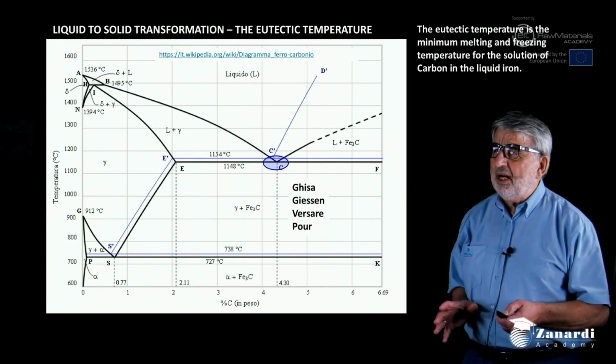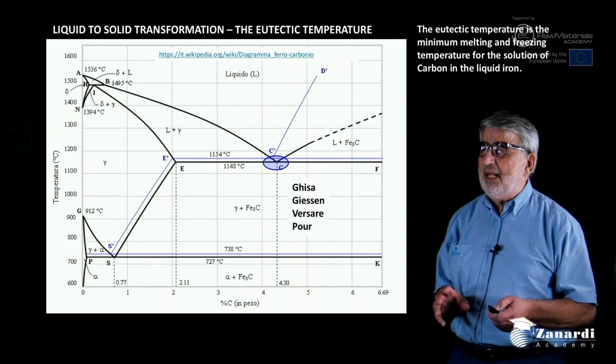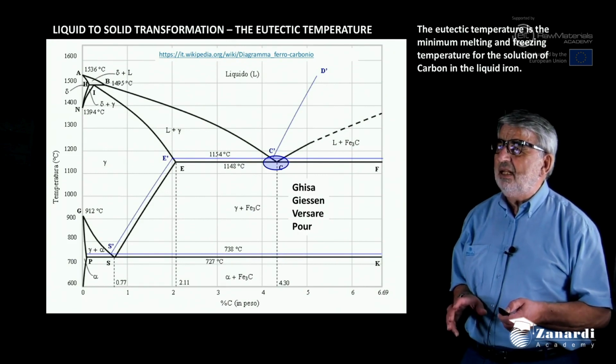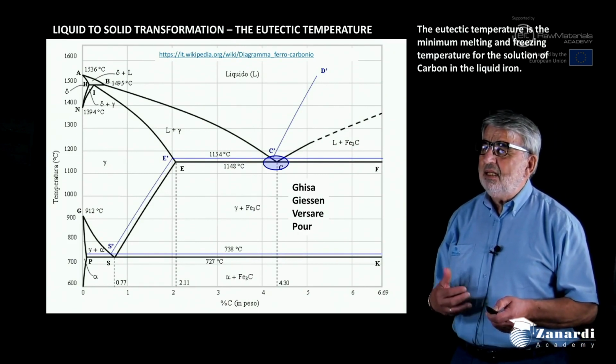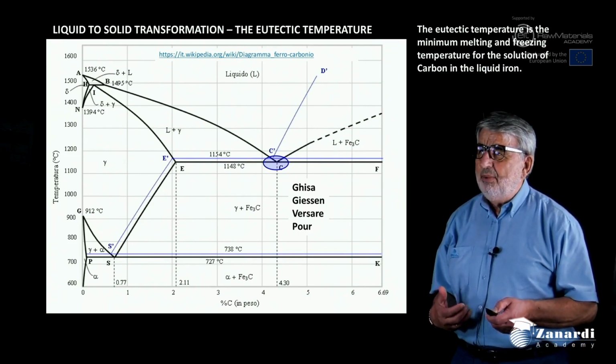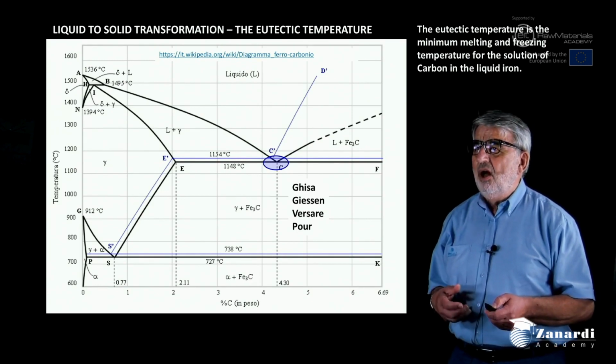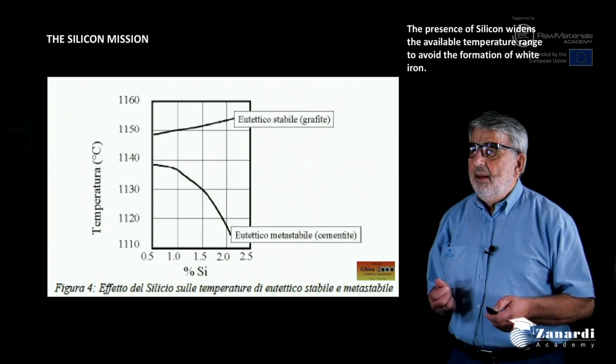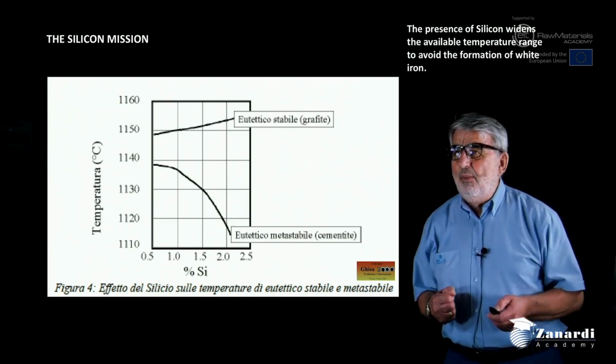And spheroidal graphite cast irons are typically eutectic alloys, nearly in the surrounding of the eutectic. That means that it's the lowest possible melting point of an iron alloy. But we have a problem.